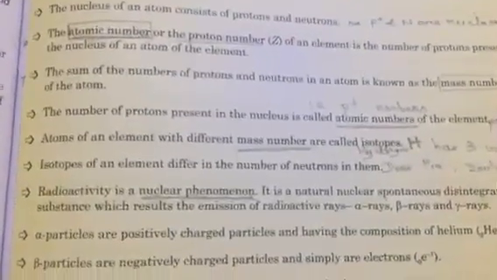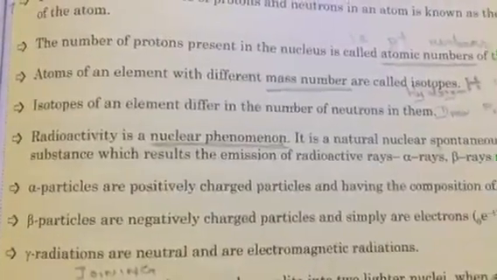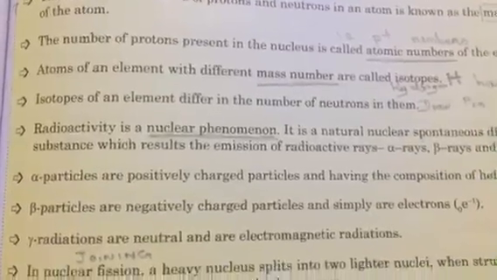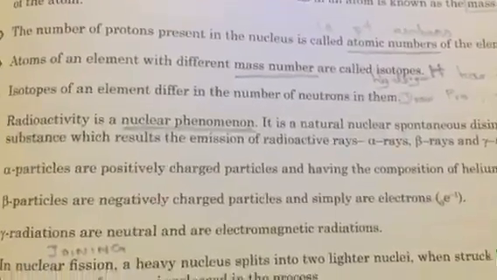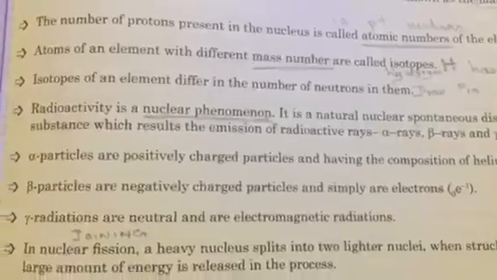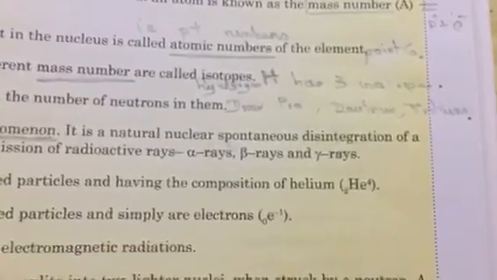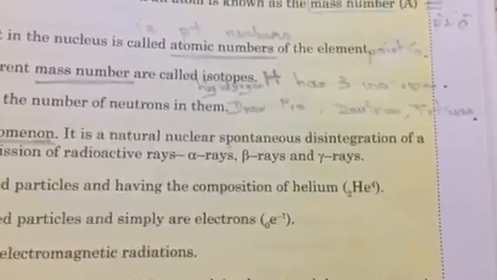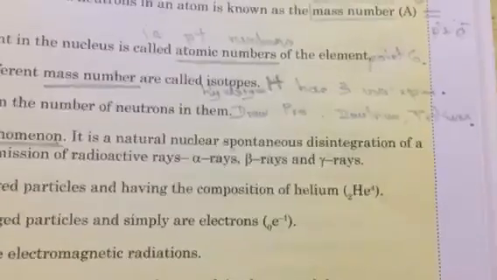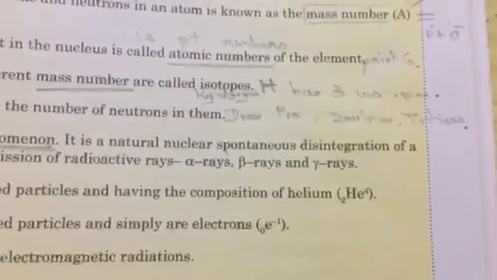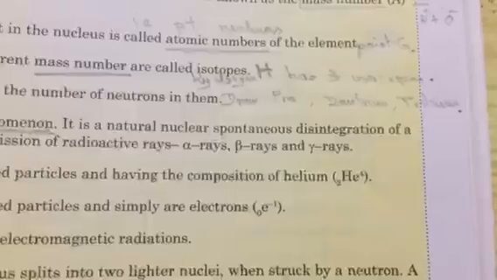It is very difficult to digest this concept, so you go once again and learn the definition of isotope, elements that differ in the number of neutrons in them. Then I insist you, hydrogen has three isotopes. Draw the structure of protium, deuterium, and tritium.